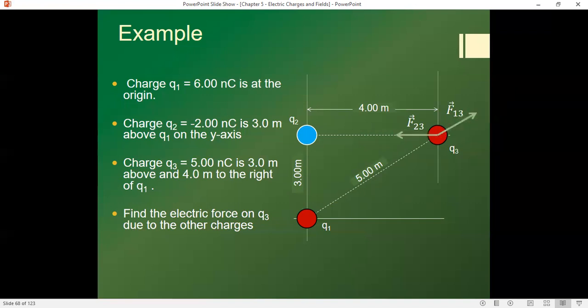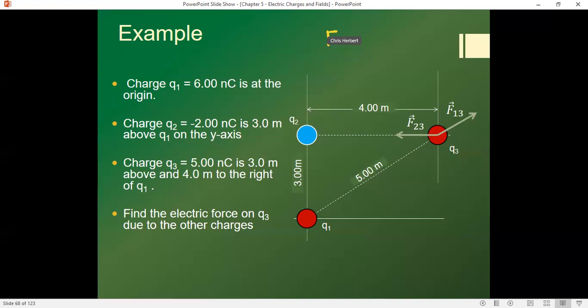Okay? So I've sort of set up exactly how I'm going to solve this whole thing. I'm going to find the electric force on Q3 due to the other charges. And because it doesn't say magnitude of force, I want the magnitude and the direction. Now, this is similar to some of the problems that we did in Physics 1, okay? Where we want to add up the different forces.